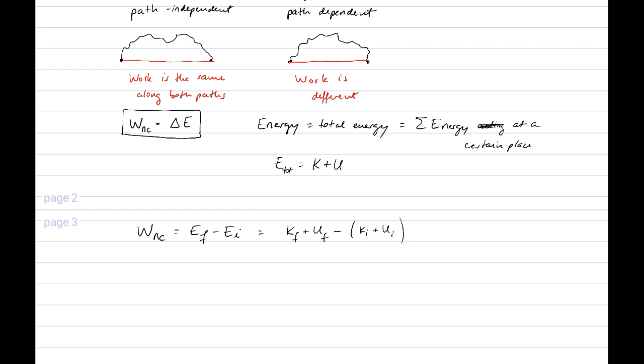Okay, so that's how I would write the right side of the equation. Now, work done by non-conservative forces. Actually there are fewer conservative forces than there are non-conservative forces. And one of the most common non-conservative forces we will deal with is friction force.